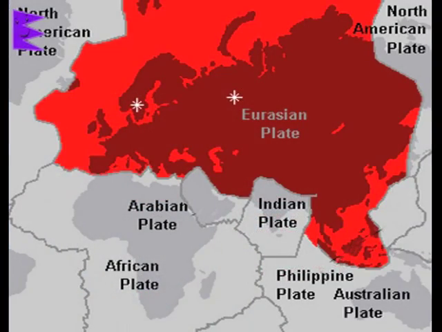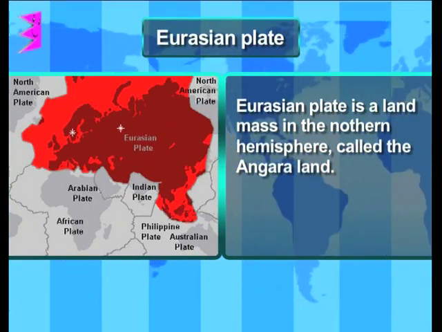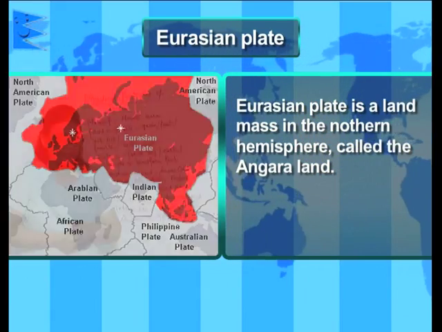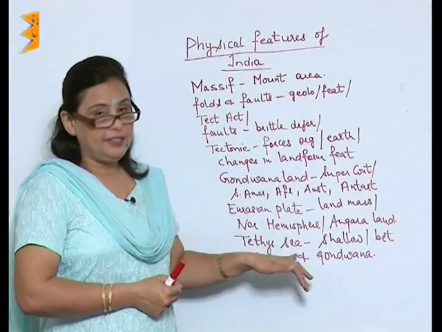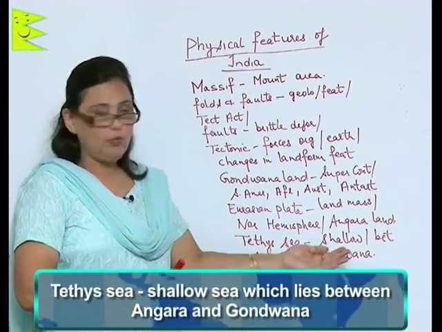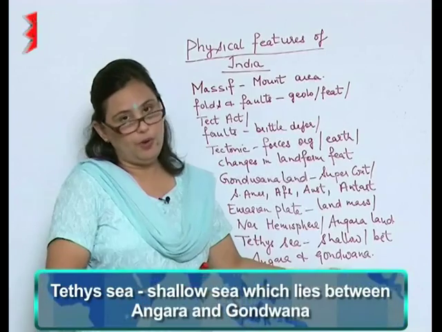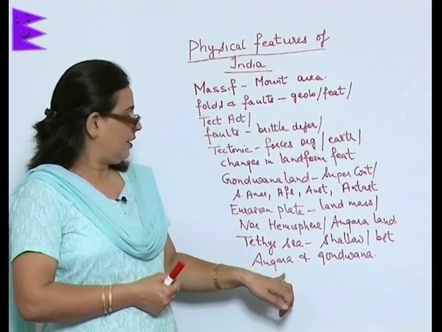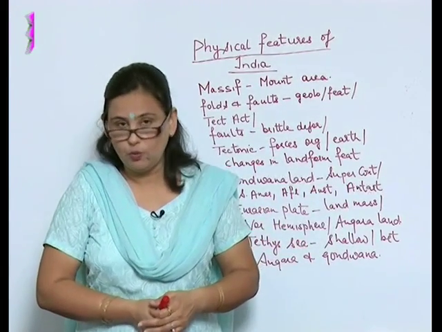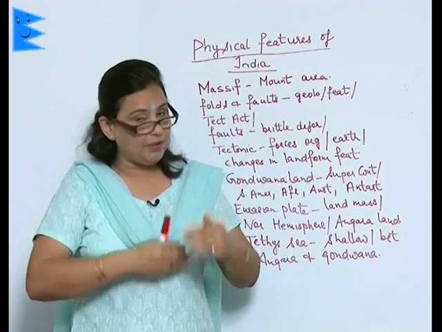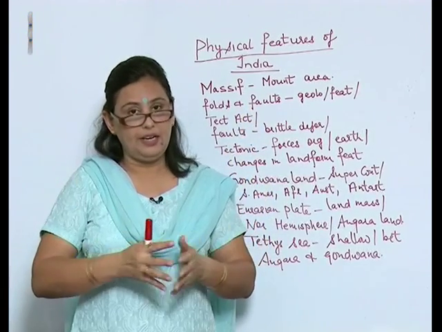Eurasian plate is actually a landmass in the northern hemisphere and it is also called the Angara land. Next is the Tethys Sea. This sea is very, very shallow and it lies between Angara and Gondwana. What is Angara, children? This is the Eurasian plate, and Gondwana is that supercontinent which was there.